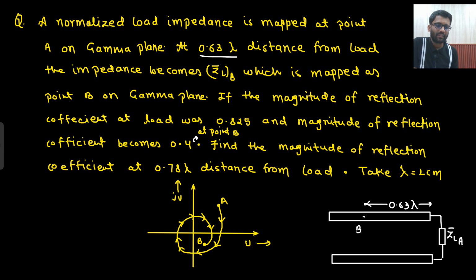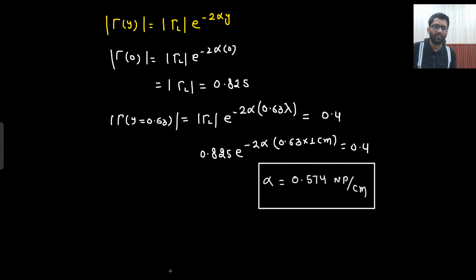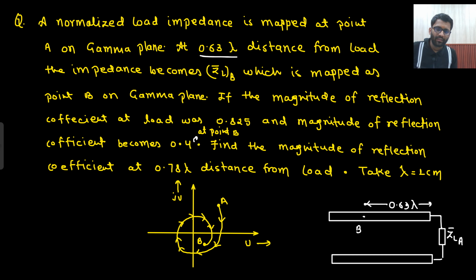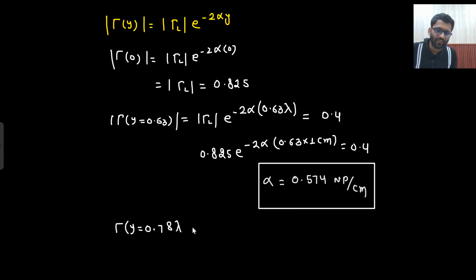Now what are they asking? They are asking for the magnitude of the reflection coefficient at 0.78 lambda distance from load. Initially it is 0.825, and with distance it keeps on losing in this manner.